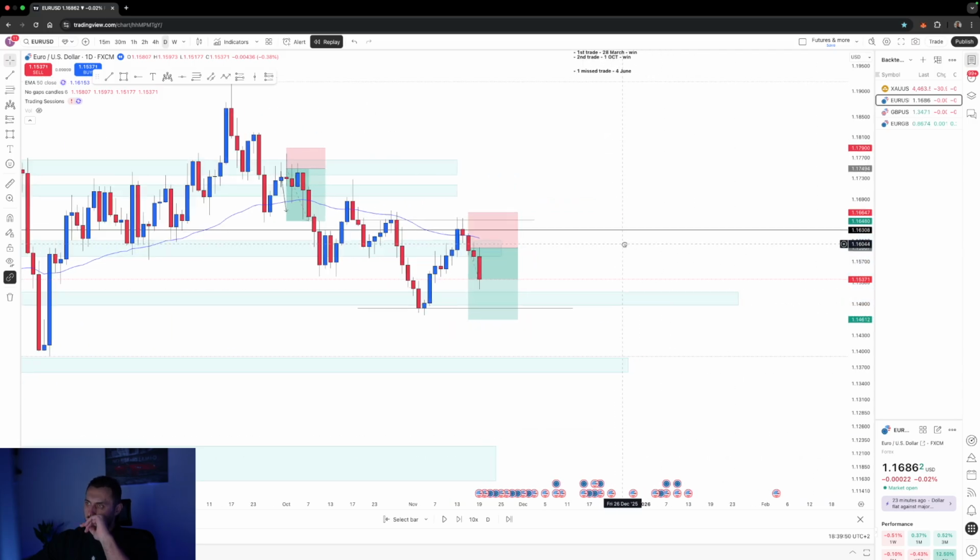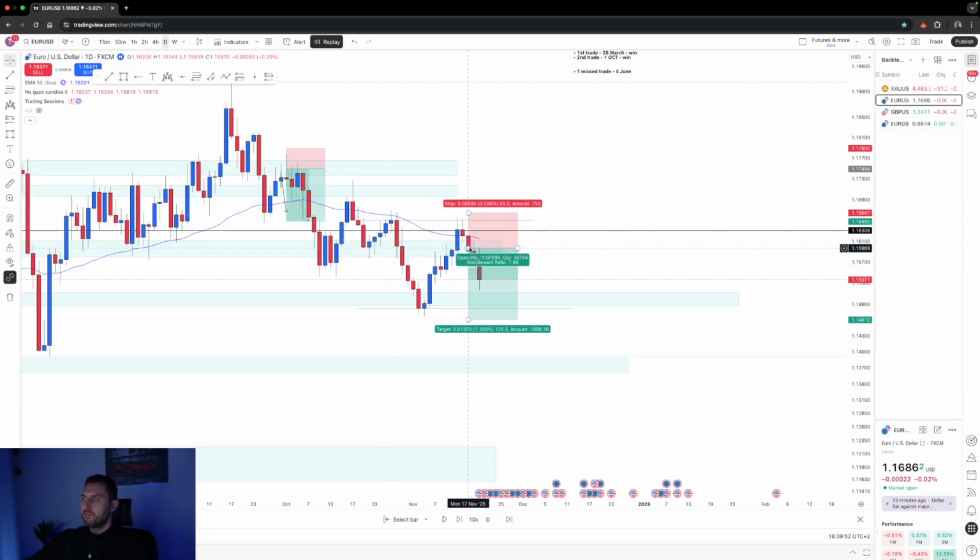Yeah, it makes sense, as you can see. Exactly, this is a trade that I would have cashed. I moved a bit fast with the bars, but yeah, a trade I would have taken.